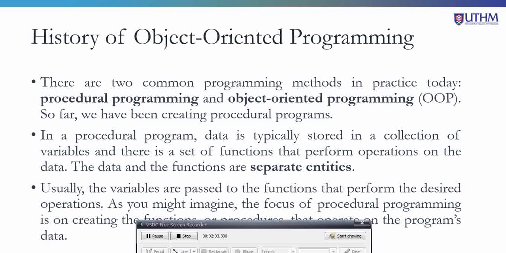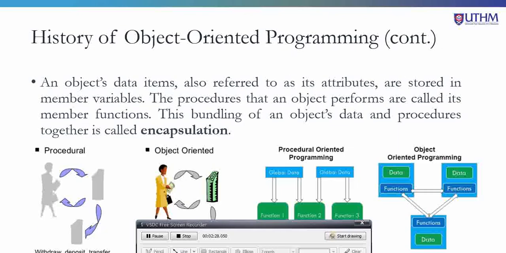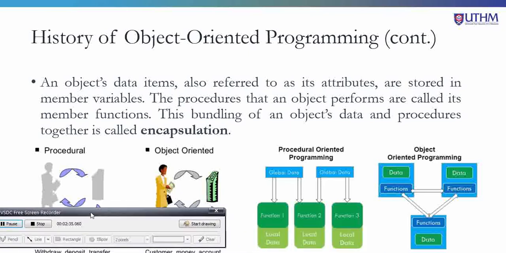So as compared to procedural, OOP focuses on objects, okay, as compared with procedural, which focuses on creating procedures, okay, like this. Okay, whereas for Java, we are focusing on creating objects.